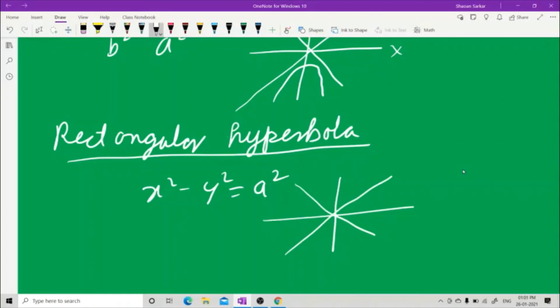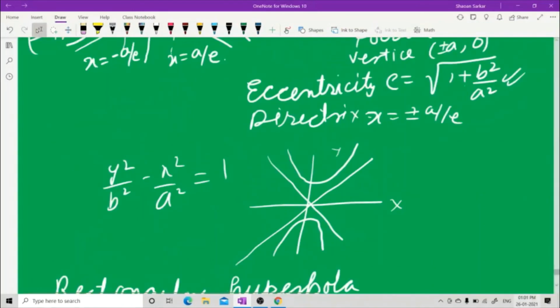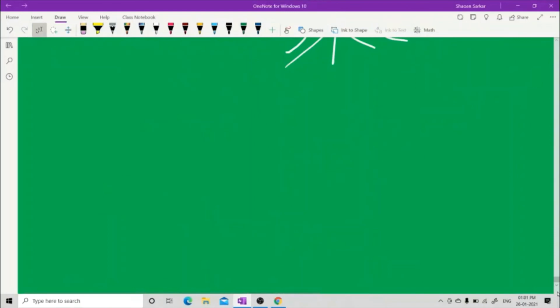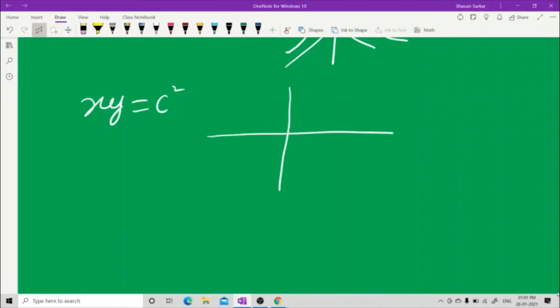This one is also x square minus y square equal to c square. This is like the curve you had in the beginning, I told you, y equal to 1 upon x. This is the 1 upon x curve, which is symmetric about the first and the third quadrant.